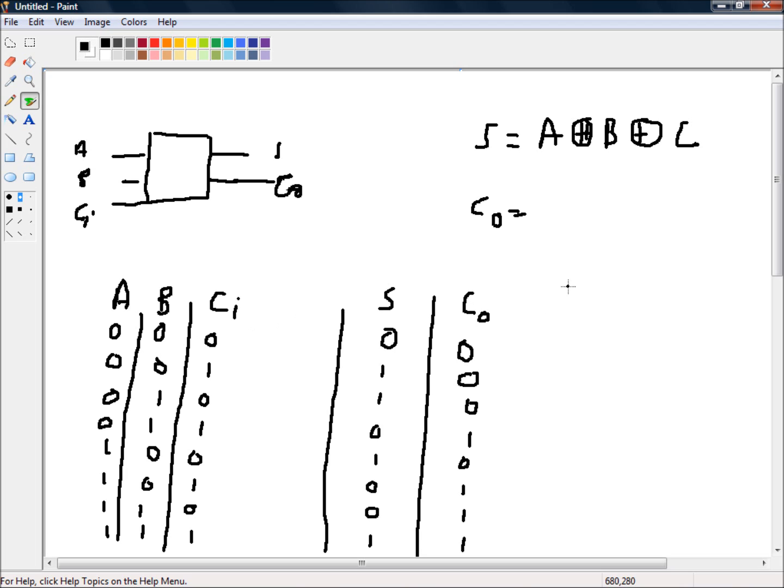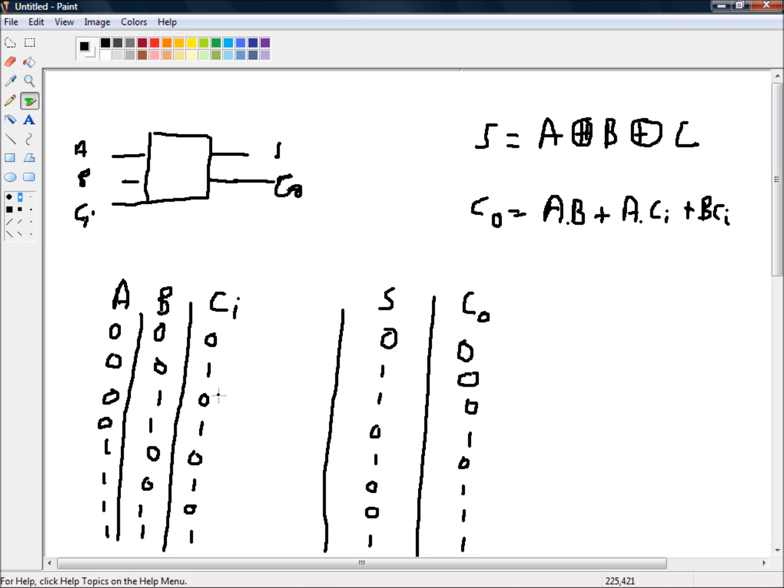Let's just double check. In fact, let me write it down to make sure I've got this right. So let's say A and B or A and CI or B and CI.